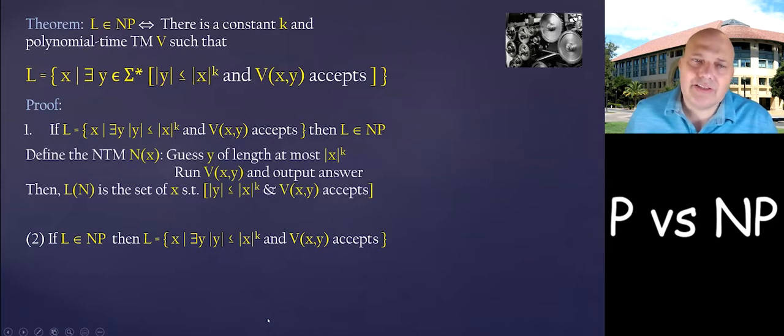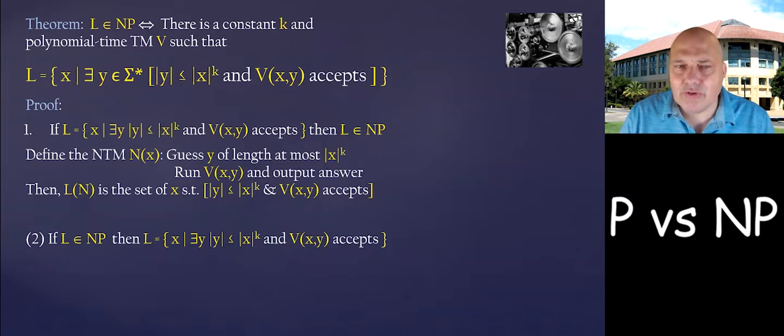So if L has this form, then we can easily define a non-deterministic Turing machine N that is going to decide L in time polynomial, essentially n to the k. You're going to guess y of length at most x to the k. This part takes time at most n to the k.